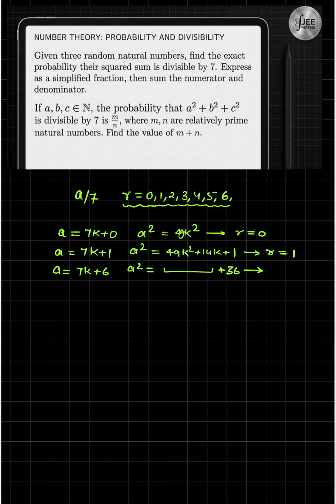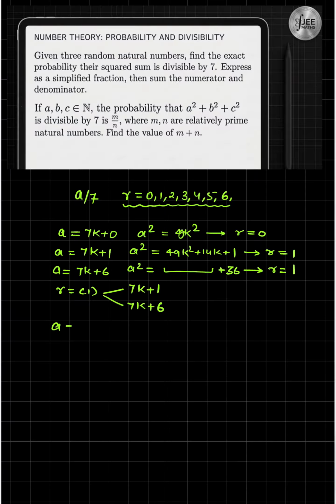So when we divide a square by 7, the remainder is 1. So for remainder 1, we have two choices basically: either we take the number as 7k plus 1 type or 7k plus 6 type.